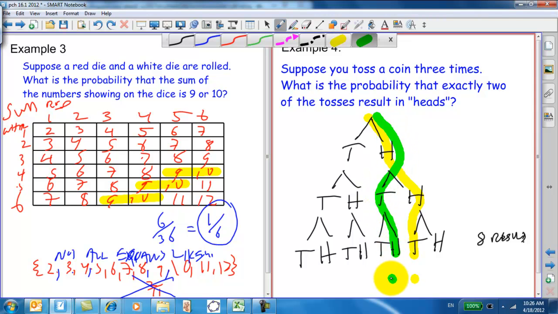There's another route. I think there's another route somewhere. If we come down this way, 2 heads. There's a head, there's a head. And we only have one head over there, so it doesn't work. So it's basically 3/8 then. 3 out of 8. So that's a nice way of illustrating your sample space with a diagram.